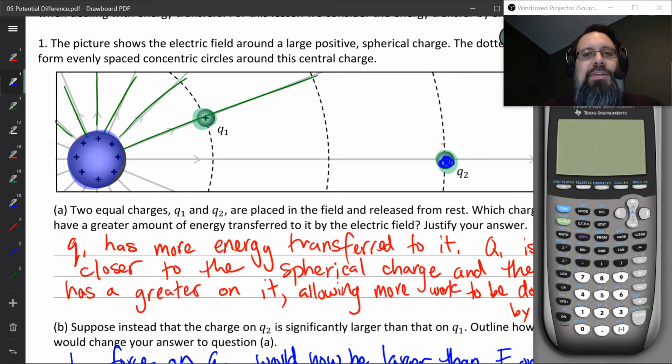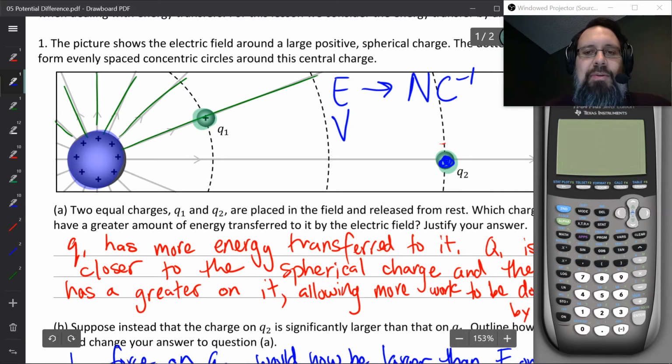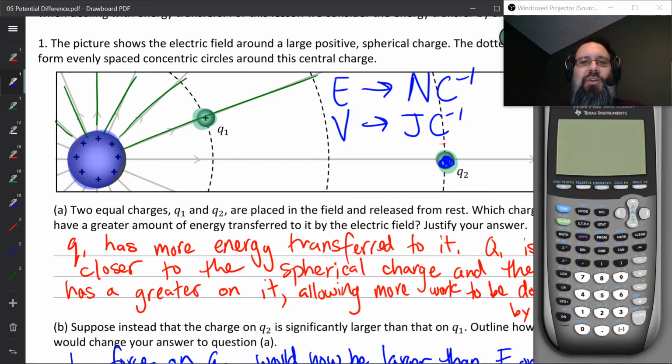Just like the E field is newtons per Coulomb, the potential, which is capital V, is going to be joules per Coulomb. So if you're this charge, you can have this much force on you for each Coulomb of charge that you have, and the field can give you this much energy for each Coulomb of charge that you have.